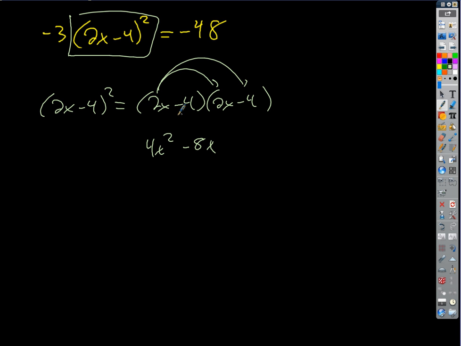Now I'm going to distribute the negative 4 to the 2x and get another negative 8x, and then negative 4 times negative 4 is 16. And I could combine like terms, right? And I could just get 4x squared minus 16x plus 16, is what all that stuff becomes.